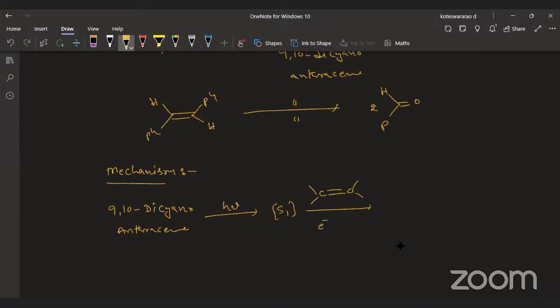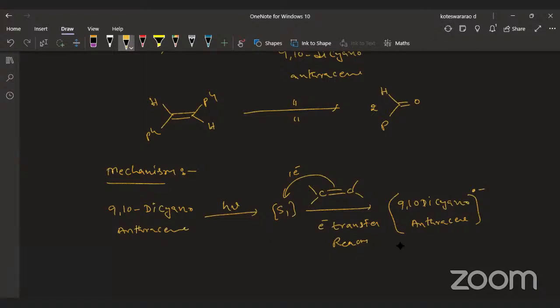Therefore, it involves an electron transfer reaction. That means the electron is transferred from the olefin to the anthracene. What happens when the electron is transferred? One electron is transferred, and it leads to the formation of 9,10-dicyanoanthracene radical anion, an intermediate.